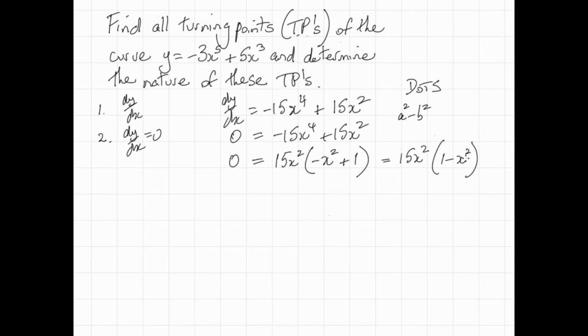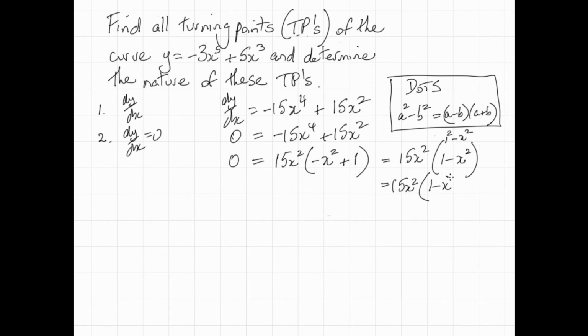This is a pattern you should know: a squared minus b squared is a minus b, a plus b. So this is like 1 squared minus x squared, so this will be 15x squared outside of 1 minus x, 1 plus x.